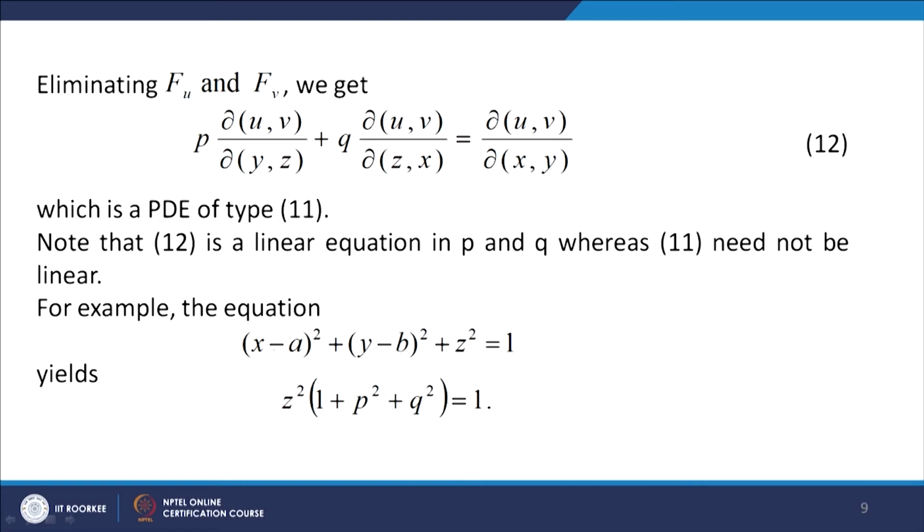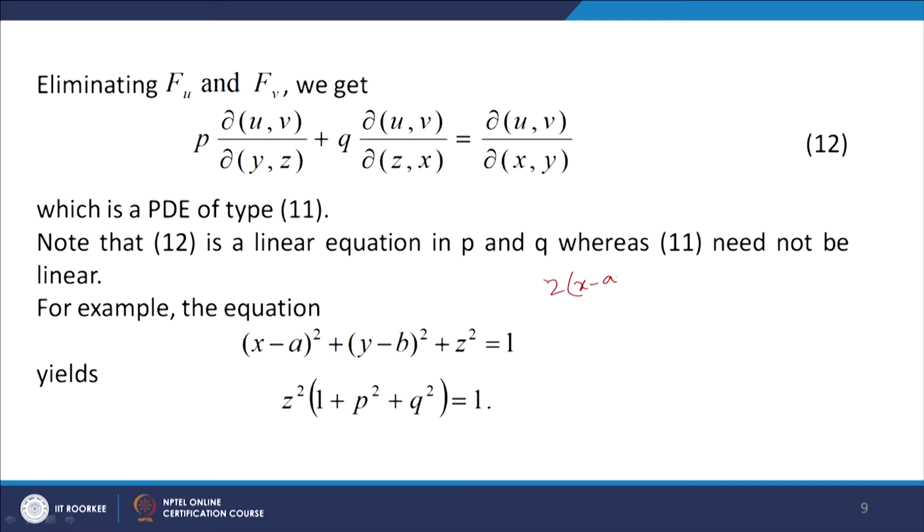Now for example, let us consider this equation (x minus a) whole square plus (y minus b) whole square plus z square equal to 1. You can see when we eliminate the constants a and b here, it will result into a partial differential equation of first order, but it is non-linear. Let us differentiate it partially with respect to x.